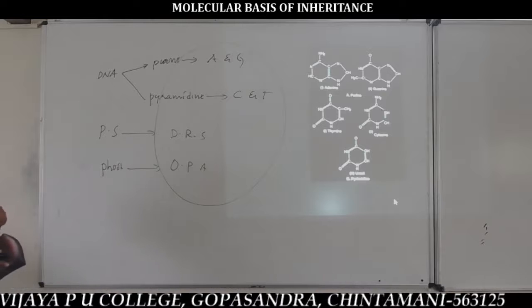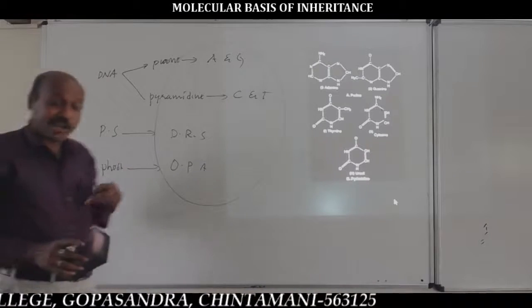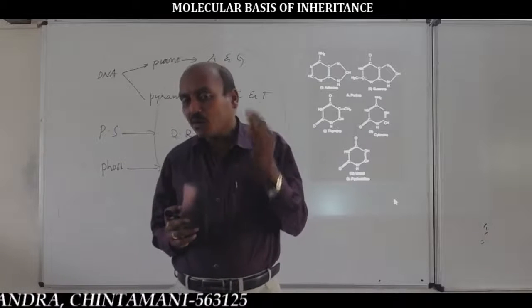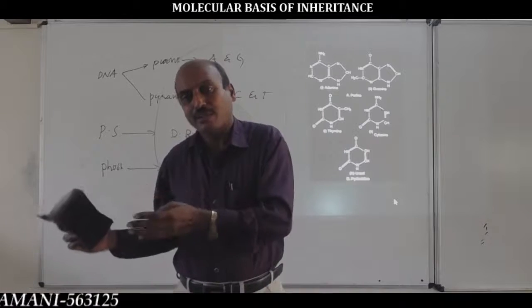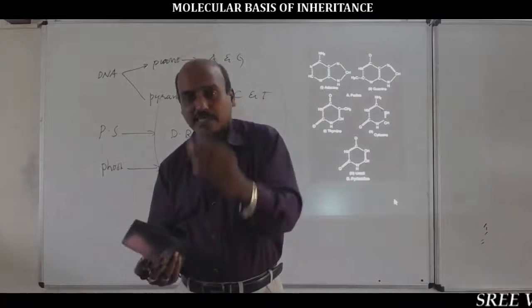So from all these chemical compounds, how will the DNA structure be constructed with the help of these 3 chemical compounds, step by step?